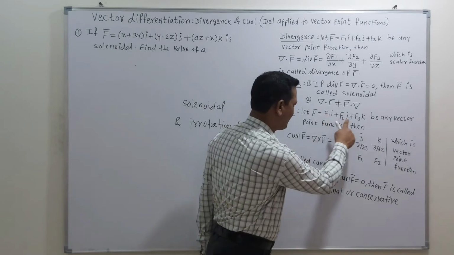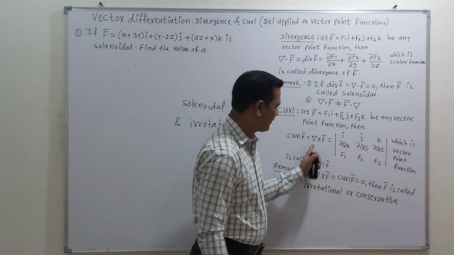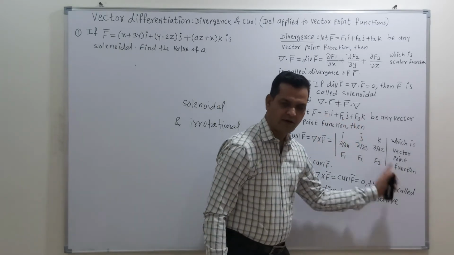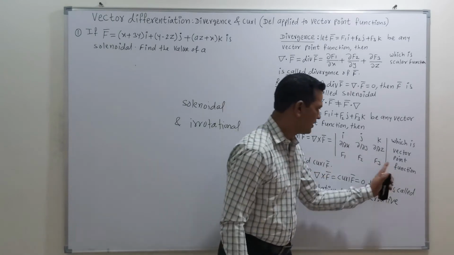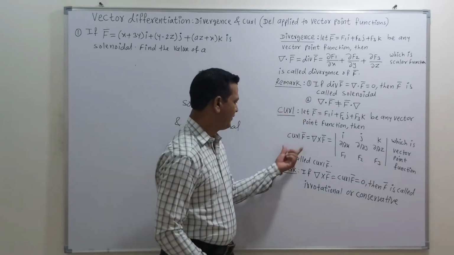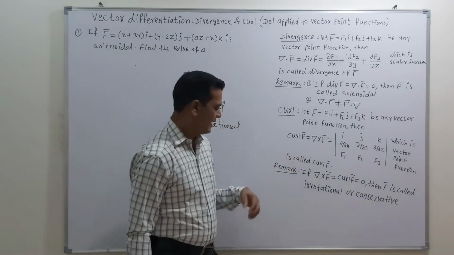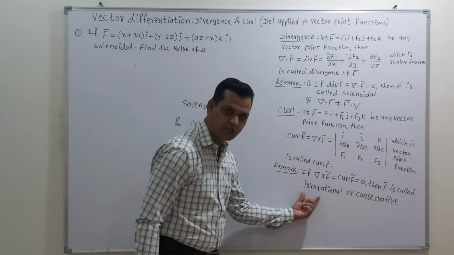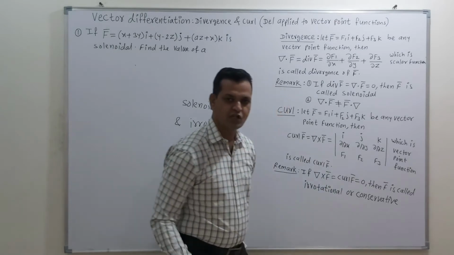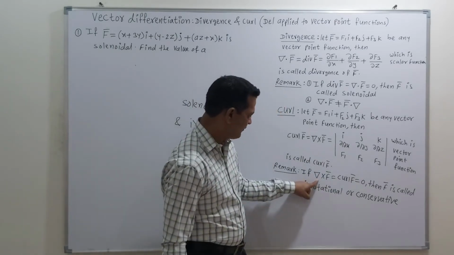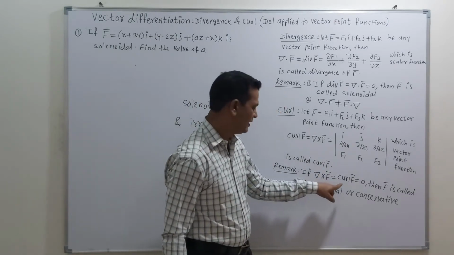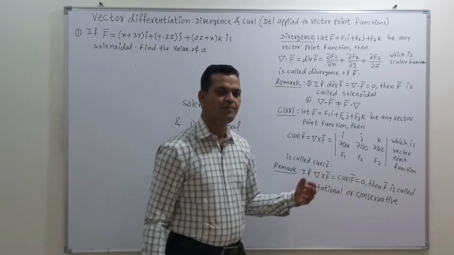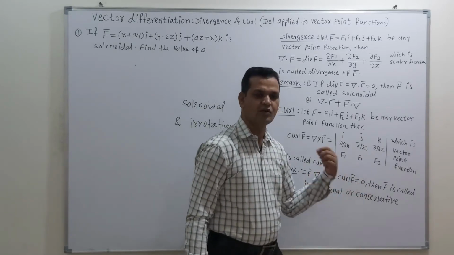After finding this, we get a vector point function, and such a field is called the curl of a vector. Again, this is important: such a vector f bar is called irrotational, or some people call it conservative, if the value of del cross f bar, that is the curl of f bar, is 0.